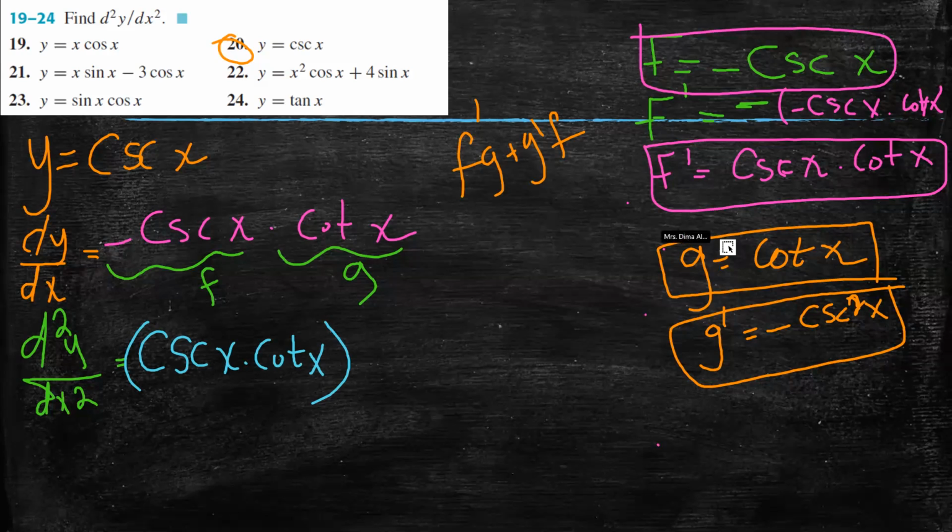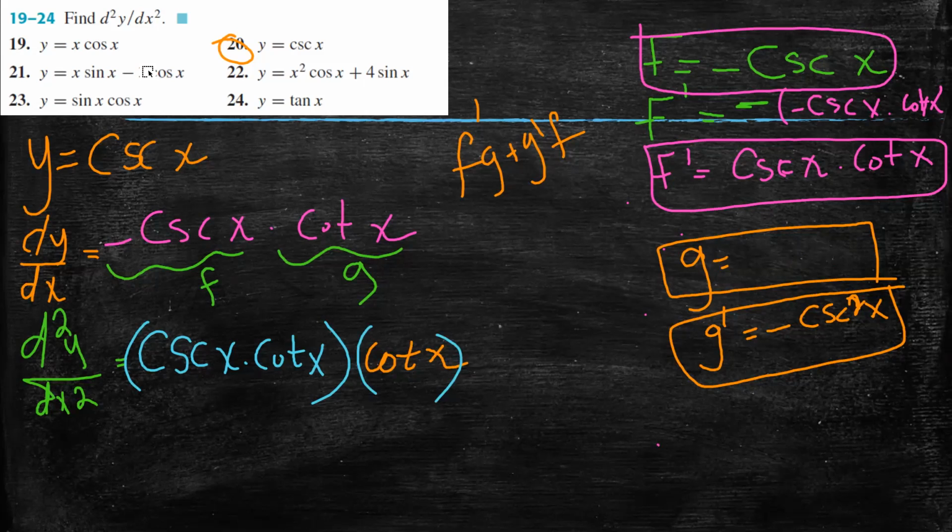So I will write the cotan here. So f prime g. I remove now also the f prime.